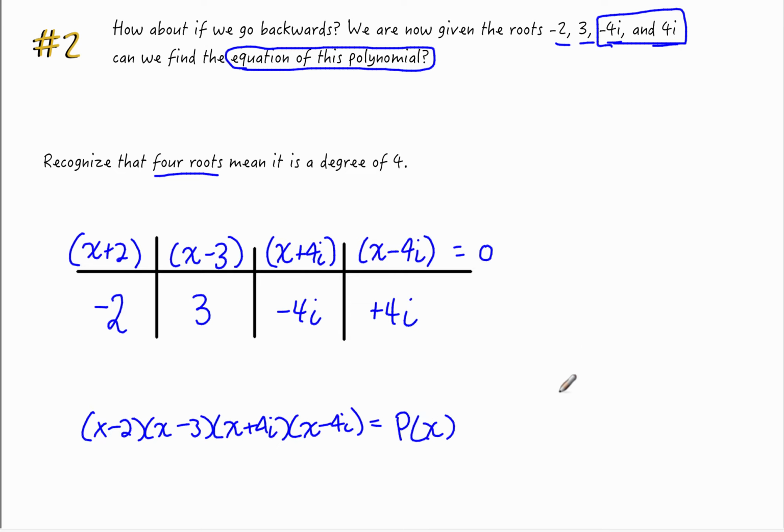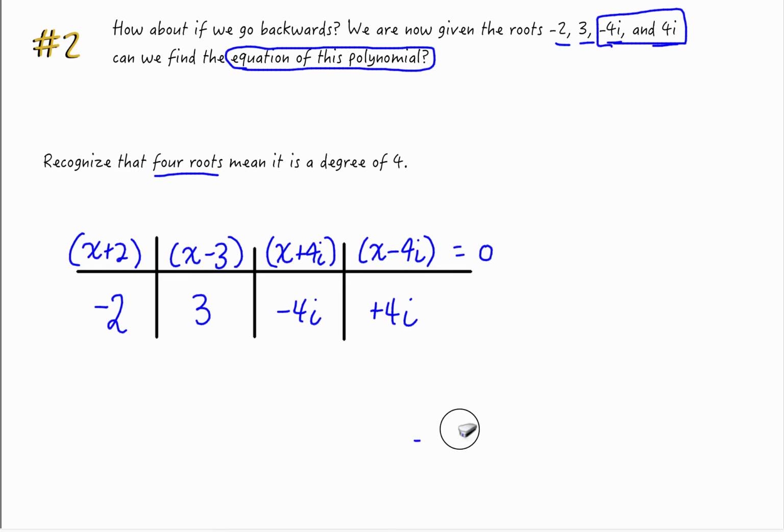The 4 linear factors set equal to p of x and say, well, that's an equation. No, can't do that. Because what we have to do is we have to take care of those imaginary numbers and turn them into real numbers. In other words, we're going to have to take a step here, and we're going to have to actually multiply these factors out.